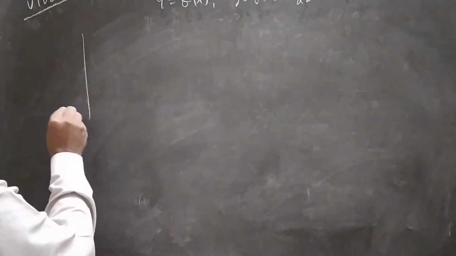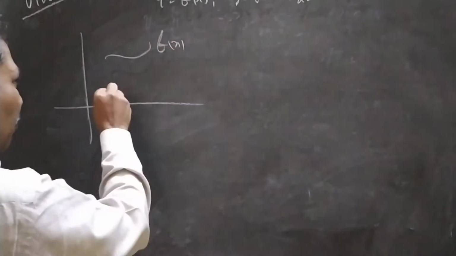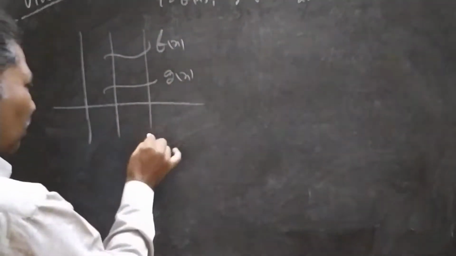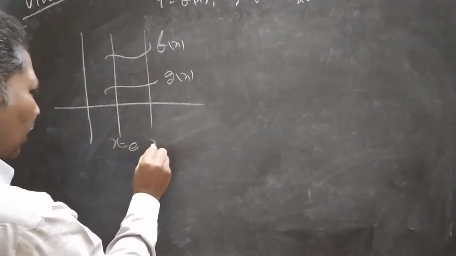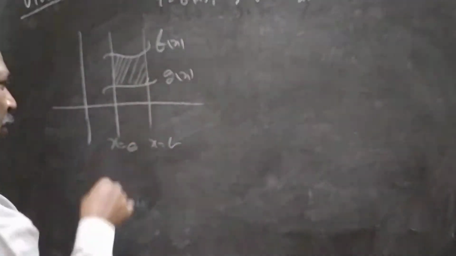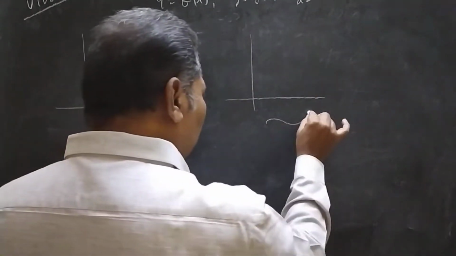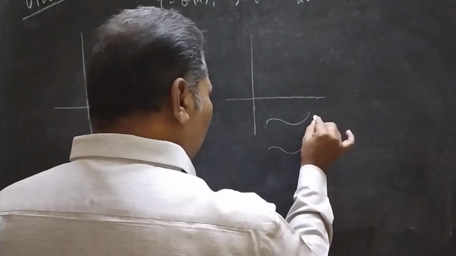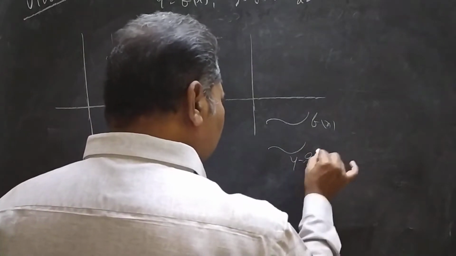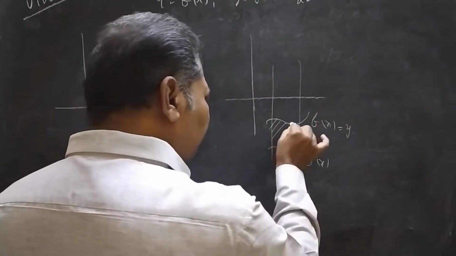Suppose this is the f of x curve, this is the g of x curve, x equal to a, x equal to b. Both are positive curves. Suppose y equal to f of x, y equal to g of x, both are negative curves.